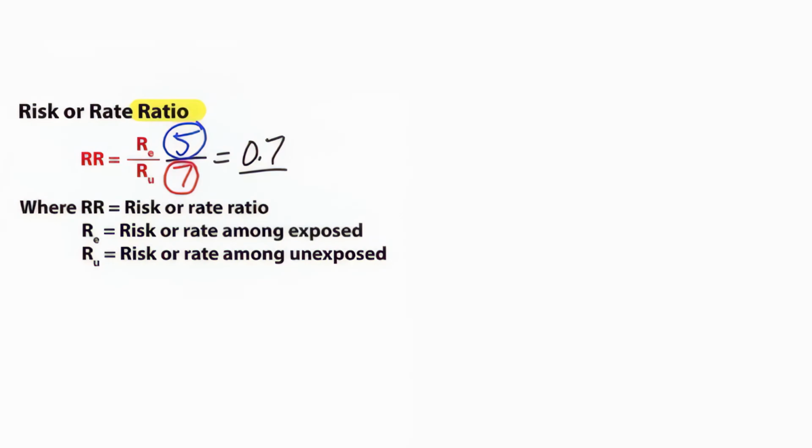Then, the rate ratio will be less than 1. If the risk is greater in the exposed than in the unexposed, then we will have a rate ratio greater than 1. Now, what if the rates of adverse outcomes were exactly the same in the exposed and unexposed groups? This leads to a ratio of 1 and supports the null hypothesis.